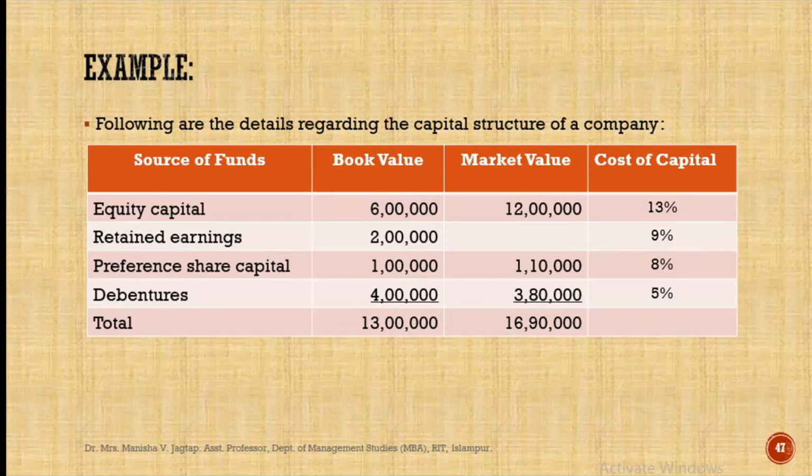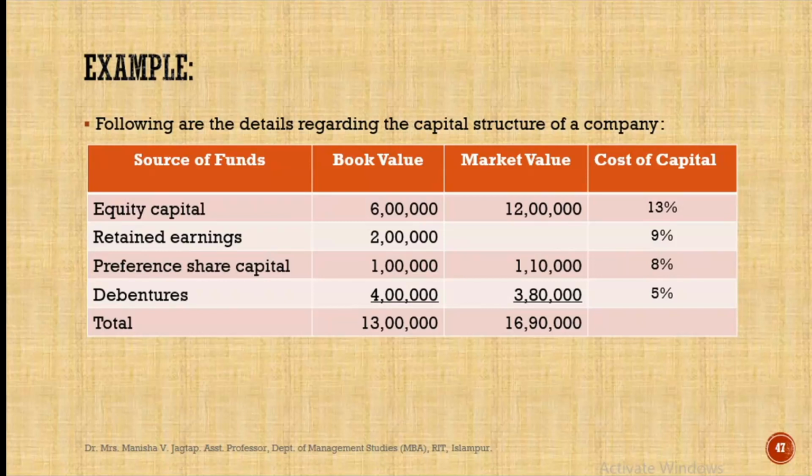Then the third one is market value. And the last one, the fourth one, is cost of capital. That means here they have given various sources of funds. Along with that, they have given information concerned with the book value of these sources of funds. Then they have given information concerned with the market value of all these sources of funds, and then the cost of these sources.